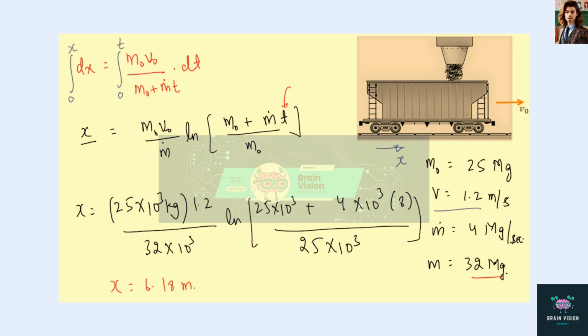So this is the distance traveled by the car during the 8 seconds, in which 32 megagram of coal would be deposited in the car.